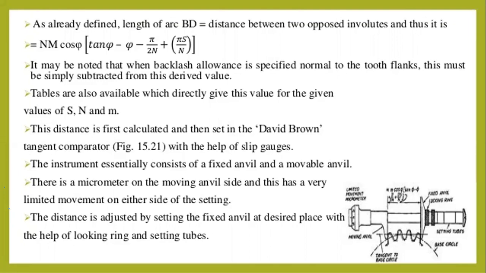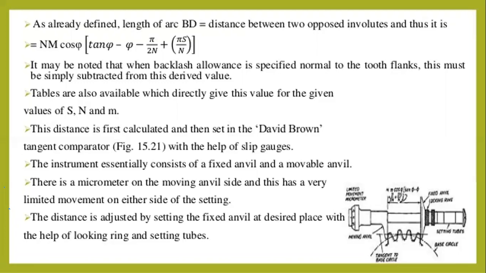Then the instrument essentially consists of a fixed anvil. There is a micrometer on the moving anvil side, and this has a very limited movement on either side of the setting.